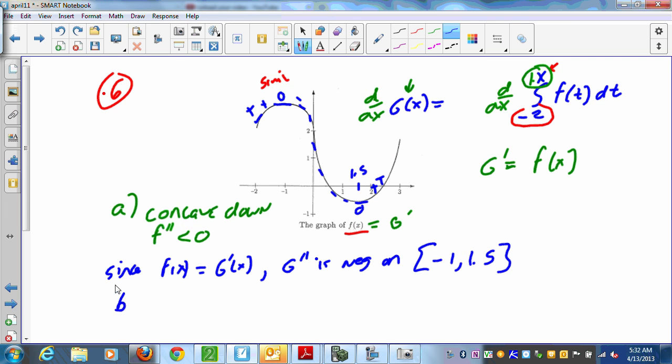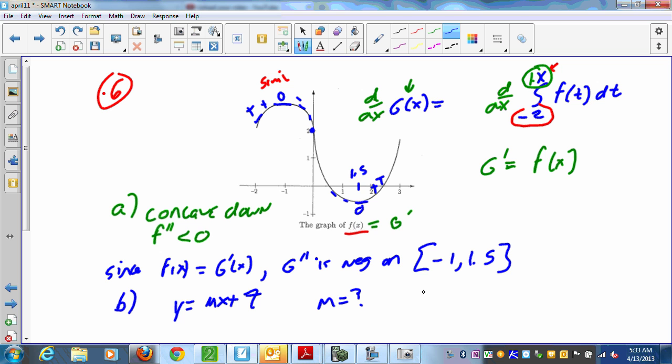Alright, so part B, they're telling us that the equation of the line tangent to the graph at the point where x equals 0 is equal to y equals mx plus 7. They want to ask what is the value for m.